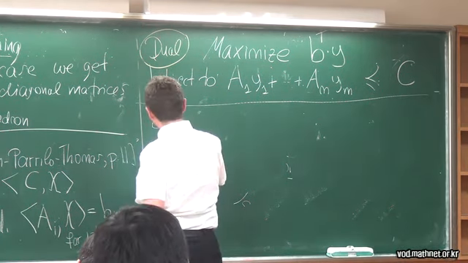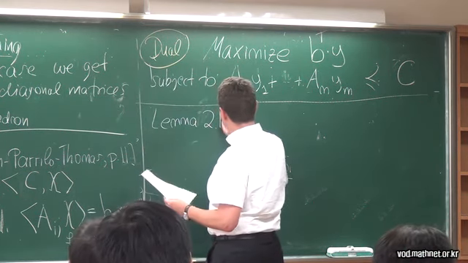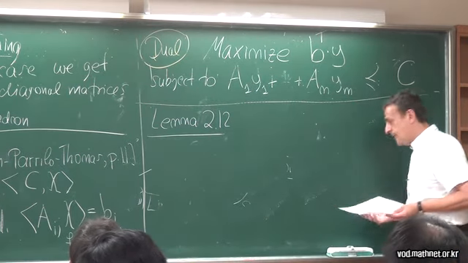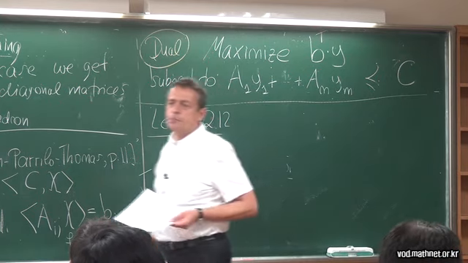So these are dual. Okay, so what does dual mean? Well, dual means various things. In particular, it means the following. Lemma 2.12. So this is one source. Now, there are many, many other sources on semi-definite programming.